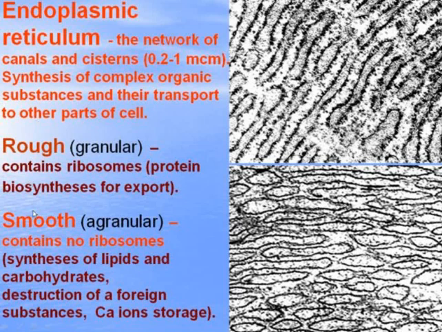And smooth, agranular endoplasmic reticulum contains no ribosomes. It provides synthesis of lipids and carbohydrates, as well as destruction of foreign substances, xenobiotics. And in some cells, it's also the store of calcium ions.